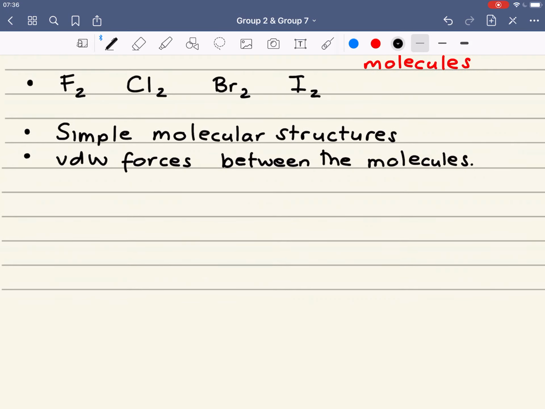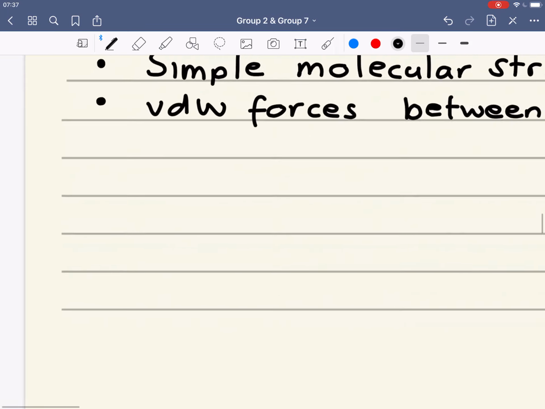So what influences the strength of the van der Waals forces? The most important factor is the number of electrons in the molecules. The more electrons the molecule has, the stronger the van der Waals forces between the molecules. So as you go down group 7, the number of electrons in the molecules increases, therefore stronger van der Waals forces, and therefore higher boiling points.